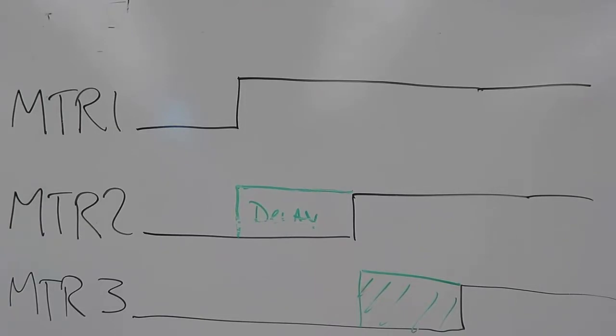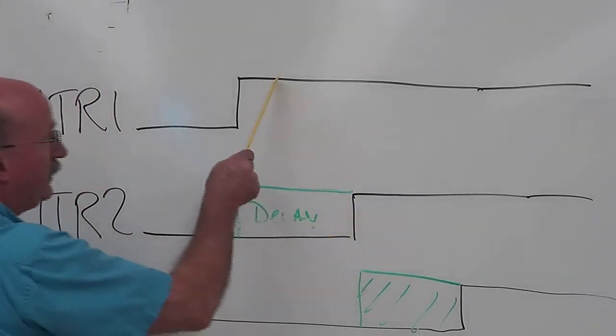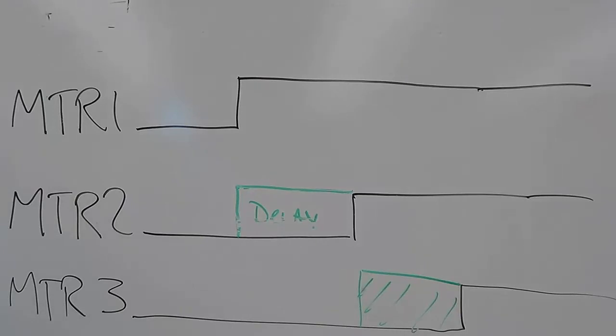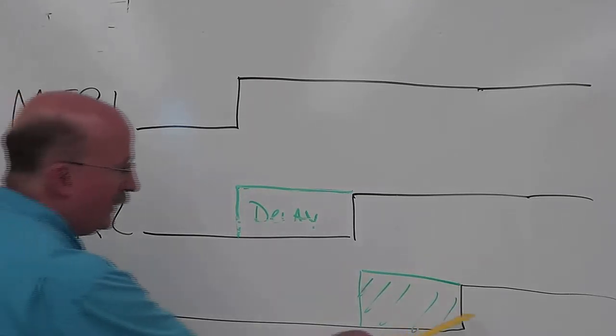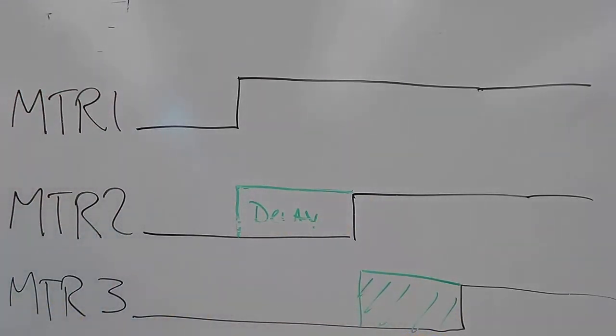Right? And so the big question we get is, what do we use to control the off delay timers? If I'm looking at this and I'm saying, wait a minute, motor 2 is controlling the off delay for motor 1, right? Motor 3 is controlling the off delay for motor 2.